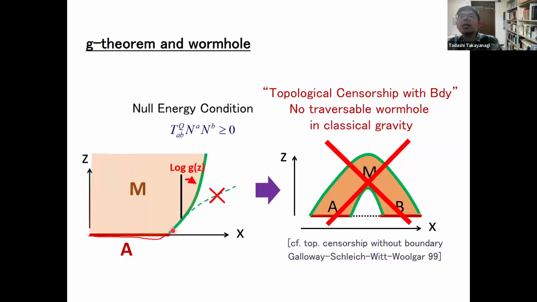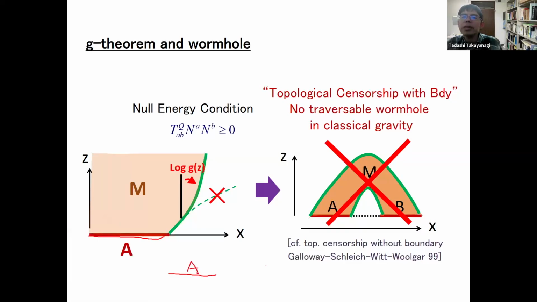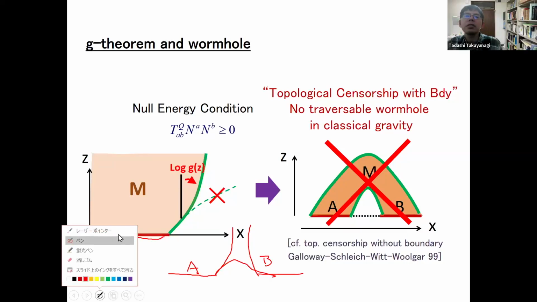This is very important, especially when we talk about two different subsystems. Maybe I also write it here. Let's take subsystem A, whether they can be connected, but it's not possible because it always goes this way, right? There is no way to connect it. To connect it, we need this kind of end-of-the-world brane, like this.